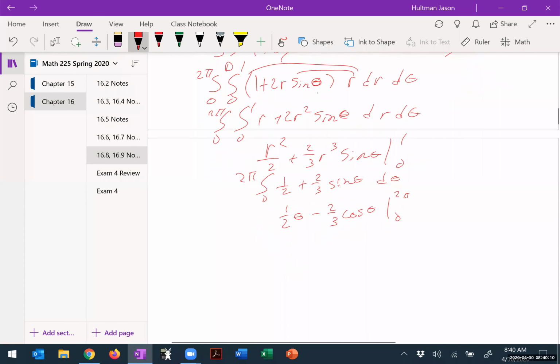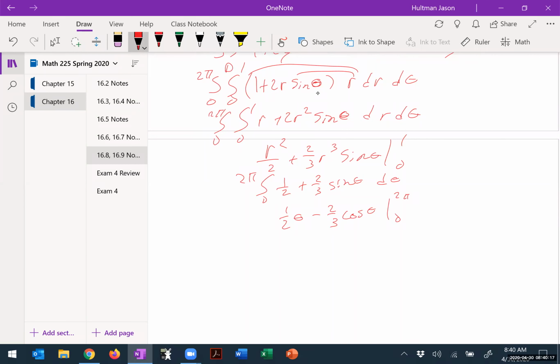Okay, so plugging in 2 pi, we get 1/2 times 2 pi minus 2/3 times the cosine of 2 pi. Well, cosine of 2 pi is just 1, so I'm just going to put a 1 there. Minus 1/2 of 0, minus 2/3 times the cosine of 0.